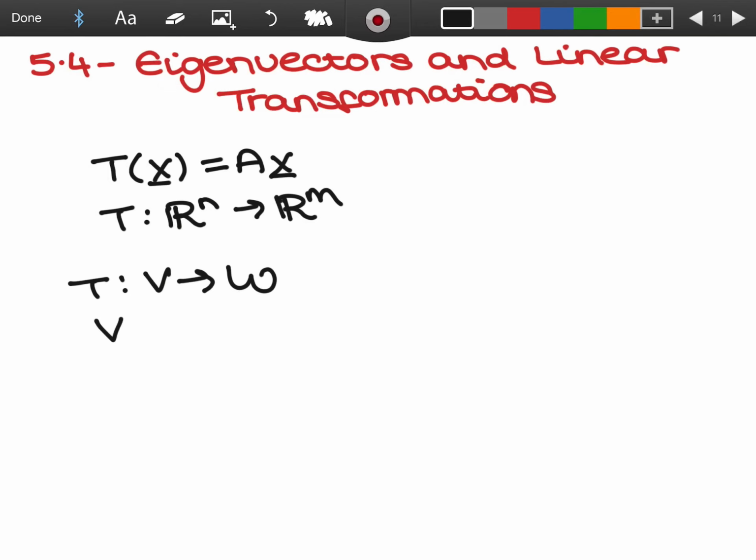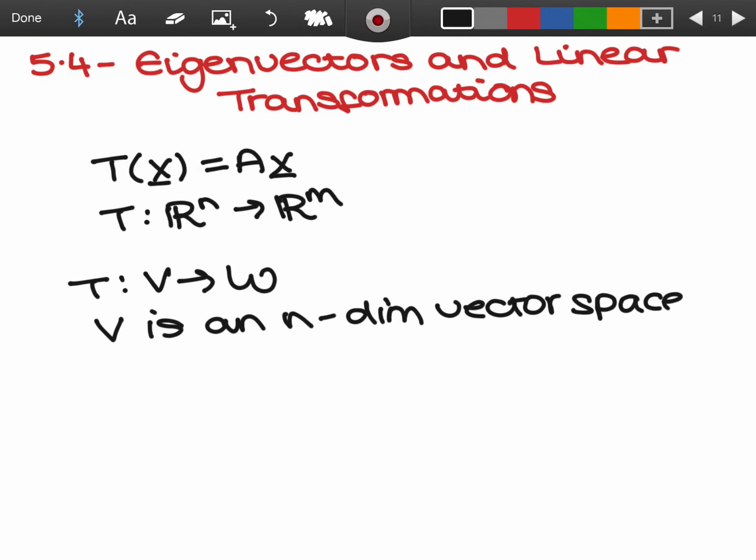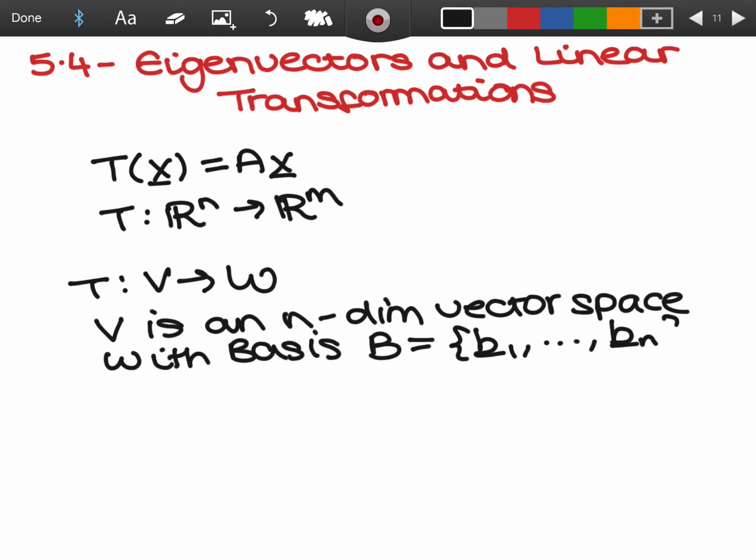V is an n-dimensional vector space, which means it's going to have n vectors in its basis. It's going to have basis B, and we'll give it an ordered basis B1 through Bn.